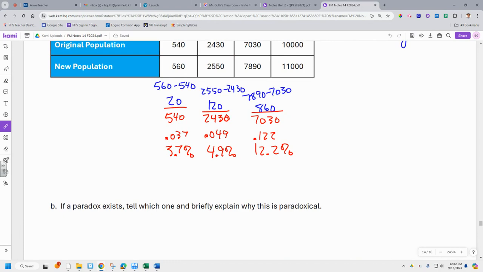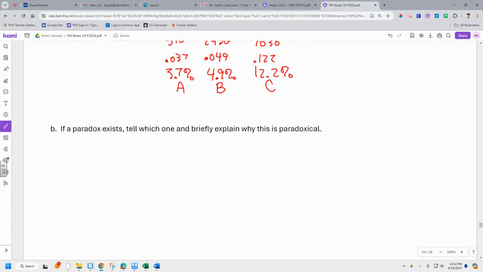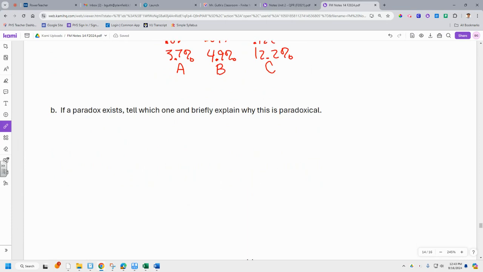So we can see that group C grows the fastest, followed by group B, and then group A is the slowest. They're all increasing, but C is fastest, next is B, and then A. So if a paradox exists, tell which one and briefly explain why. Well, we're going to have to find Hamilton's apportionment.